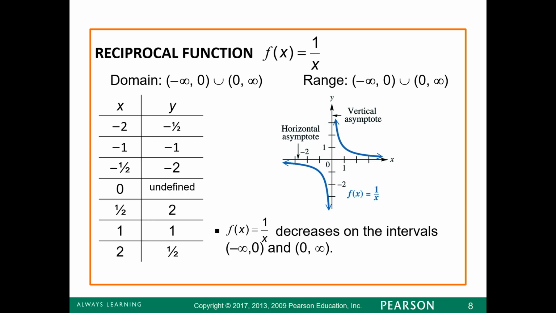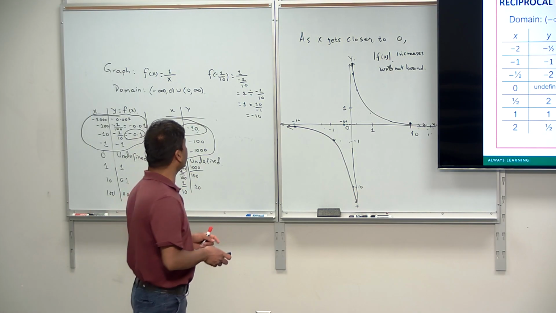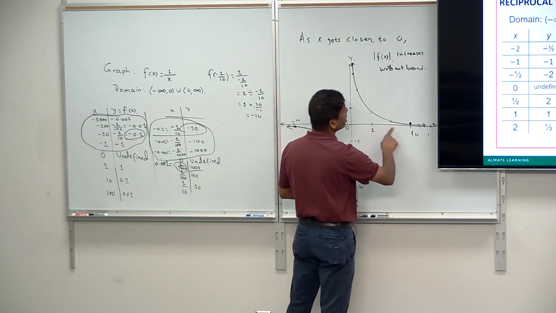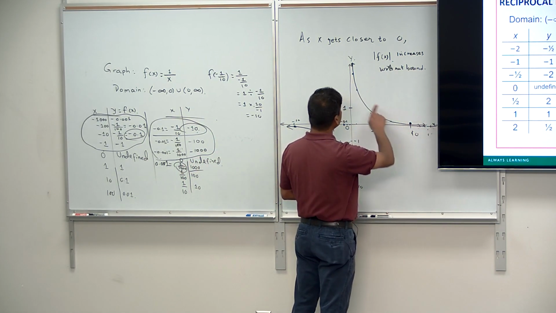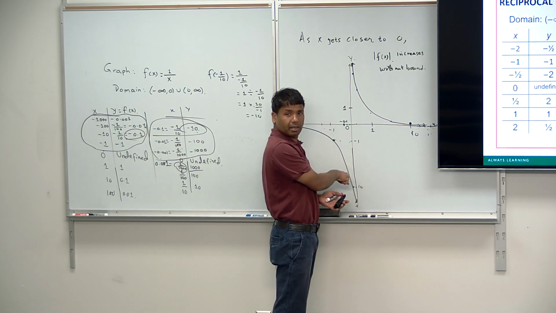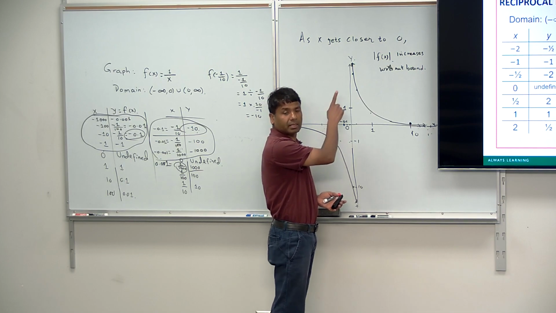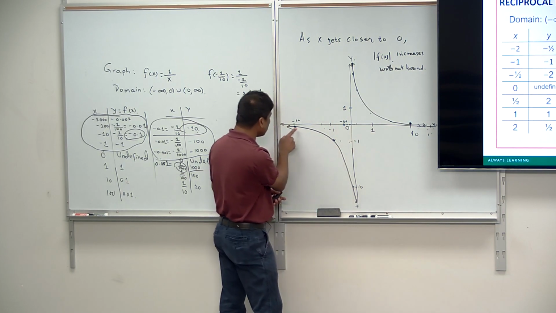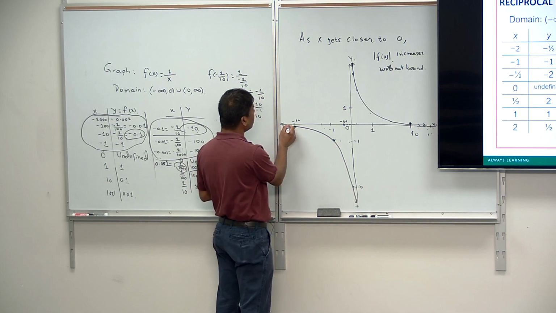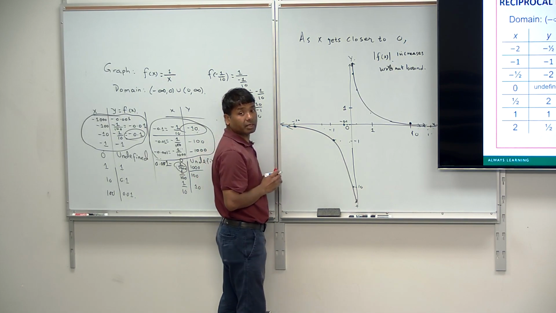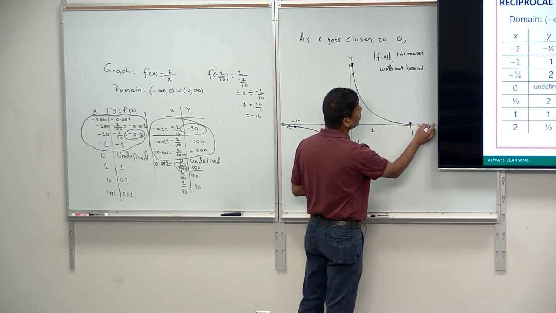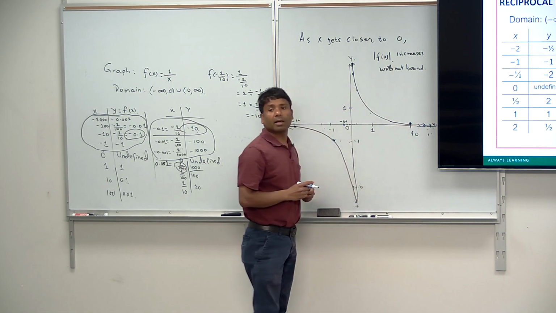Look here. This graph never intersects the x-axis. It's pretty close, right? It goes like this, very, very close, but it never intersects the x-axis. And the same thing here. It's very, very close, never intersects the x-axis.